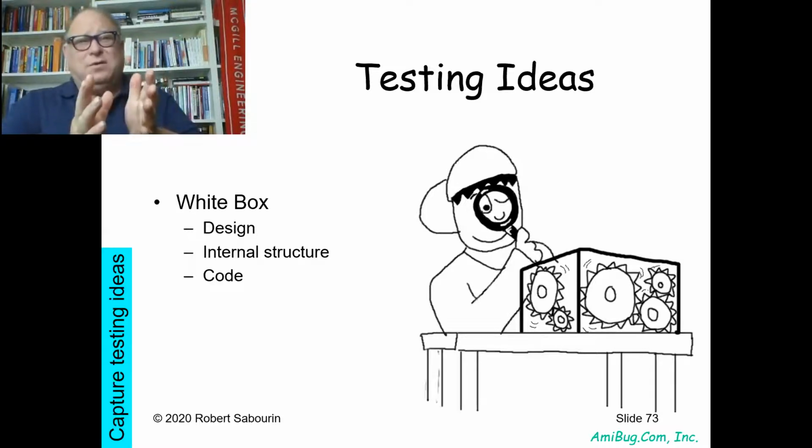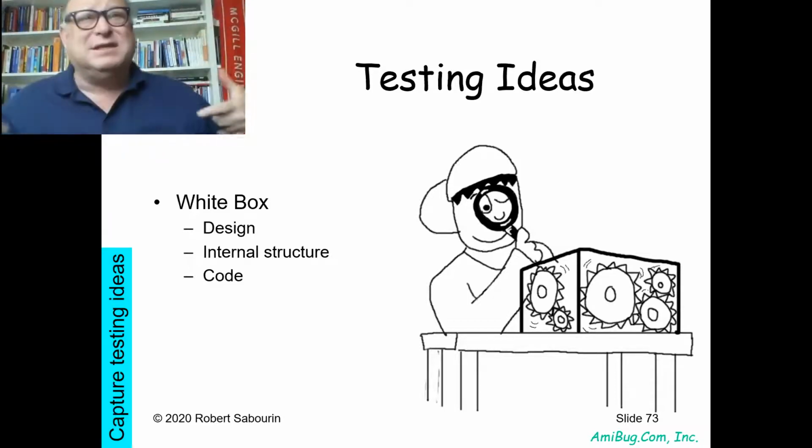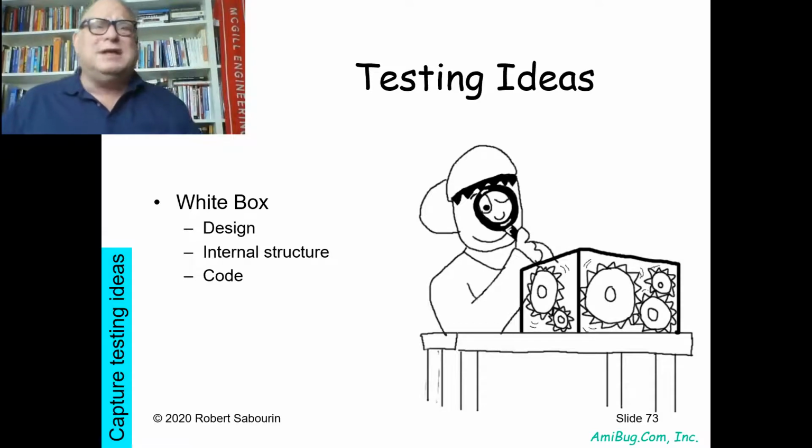You can also look at the code to come up with what I call black box test ideas to test the system from the outside, but you can also come up with test ideas based on things like coverage models.